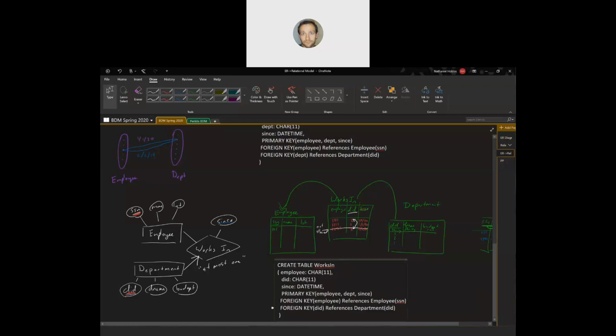In this case, this is sort of redundant, so you could write it like this if you just feel like being explicit. Otherwise, you could write it this way, and by default, it will just assume that the foreign key here, DID, has the same name as the primary key that it's pointing to.